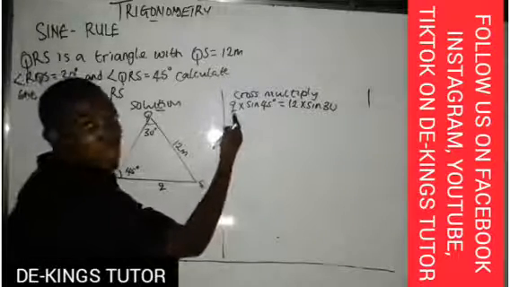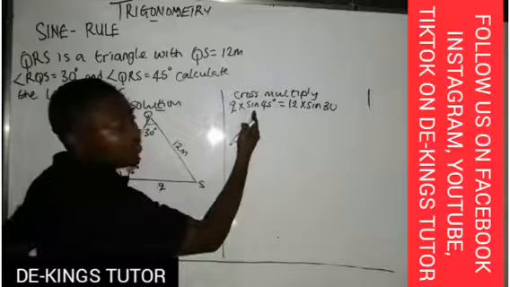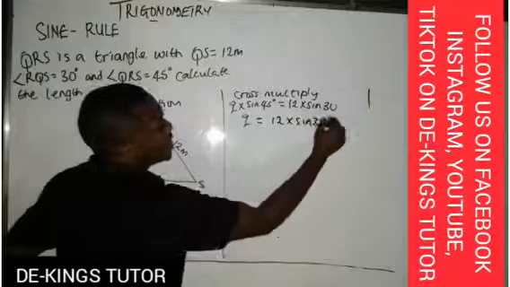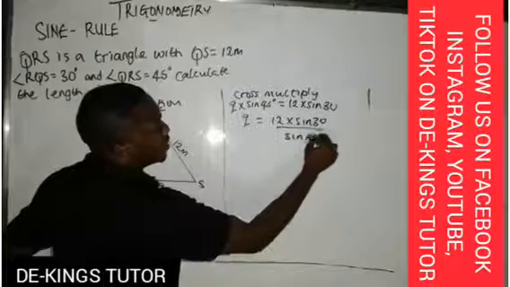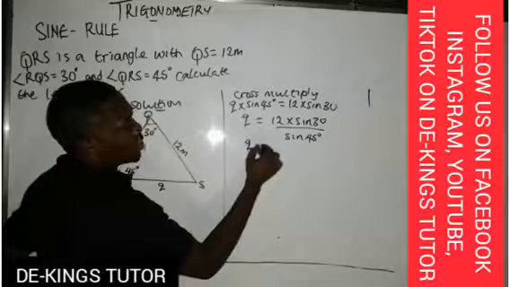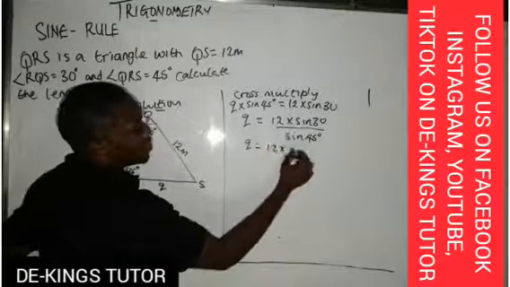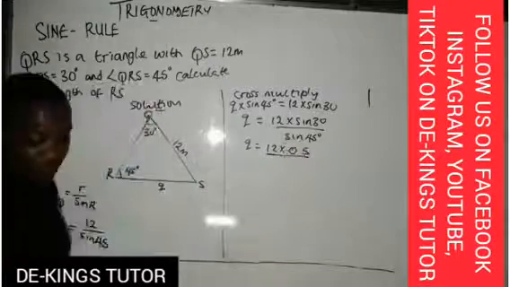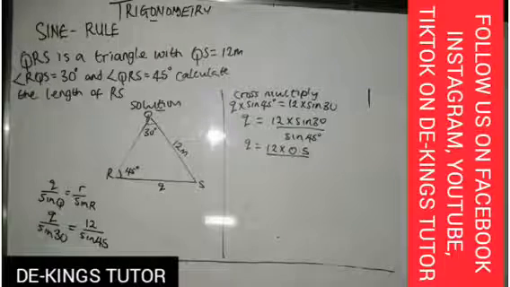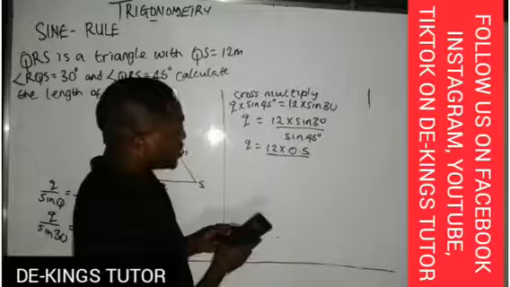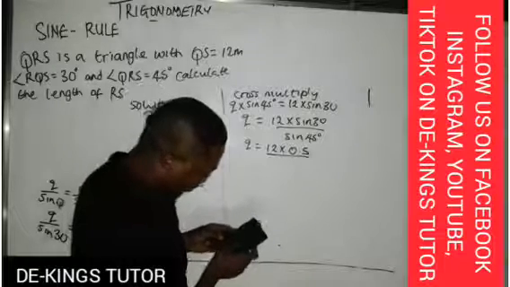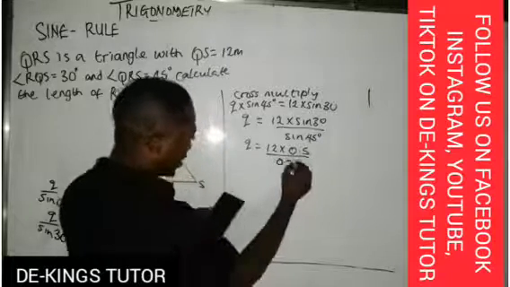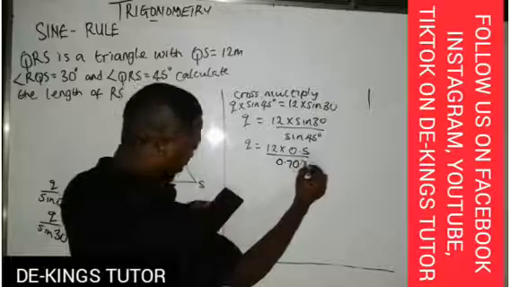We want q to stand alone, so we divide both sides by sine 45. Now q is standing alone: q equals 12 times sine 30 over sine 45 degrees. Sine 30 gives us 0.5, divided by sine 45. We can use our calculator to get it. Sine 45 is 0.7071.